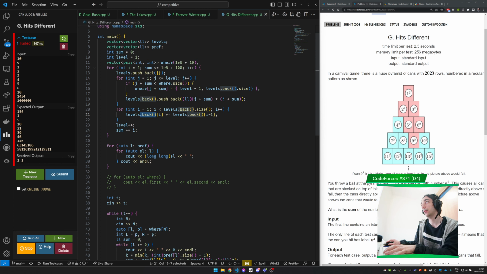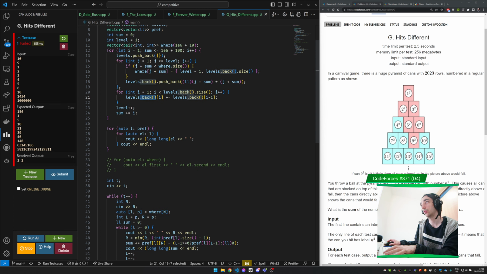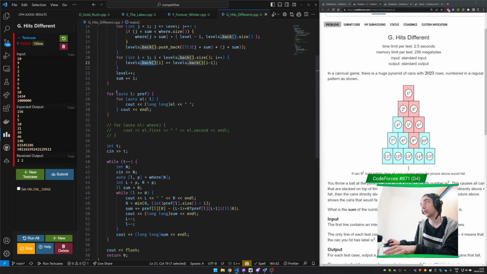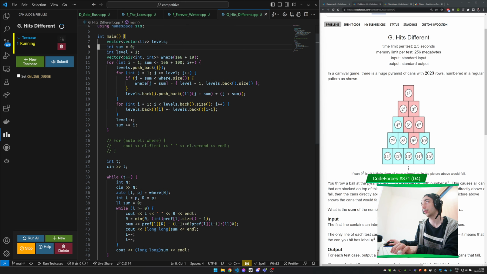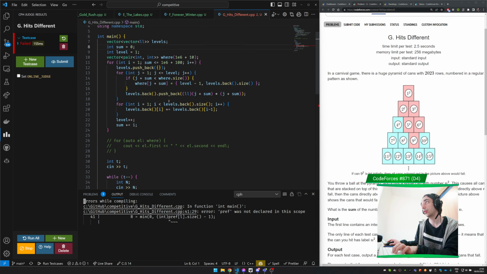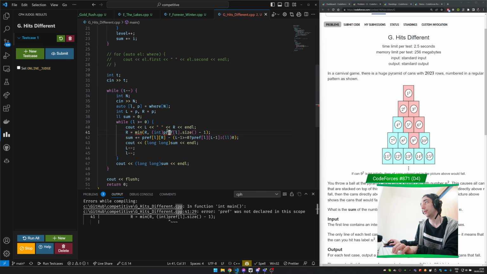What the F is going on? 2, 2. It is not printing. Oh, it's not printing because, yeah, prefix is not levels.